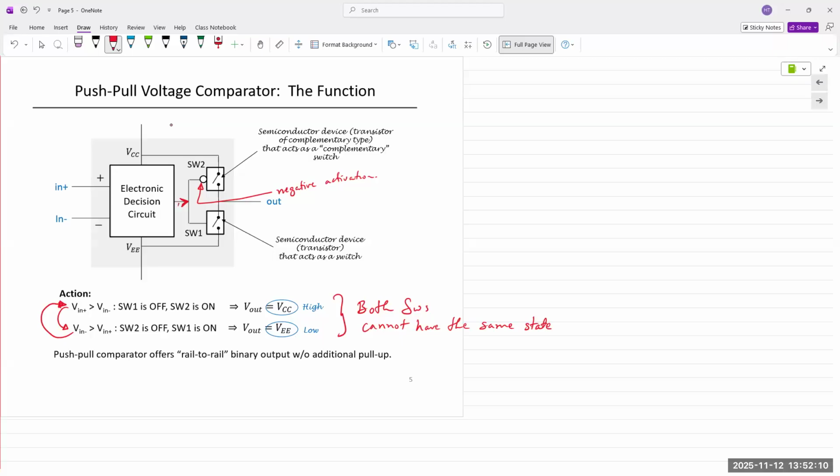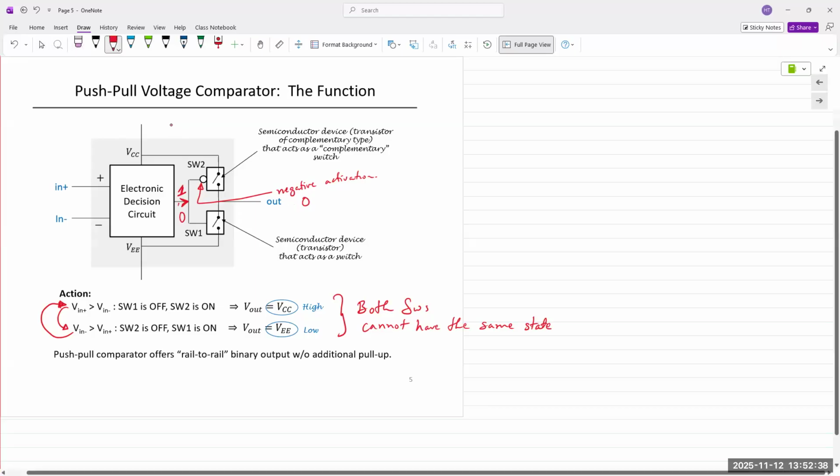And if that output goes high, then S1 is activated and our output goes to 0. If V in negative is higher than V in positive, then output at the decision circuit goes low. And if that's the case, then output is connected to 1.